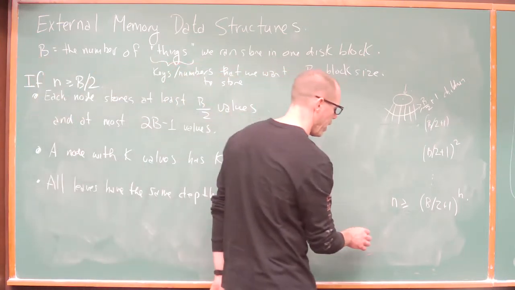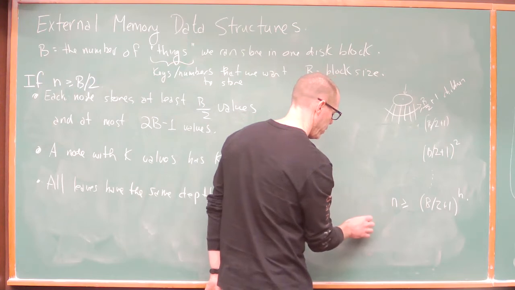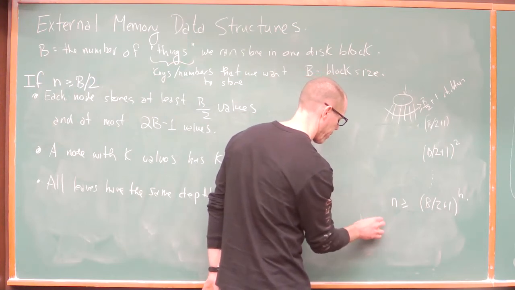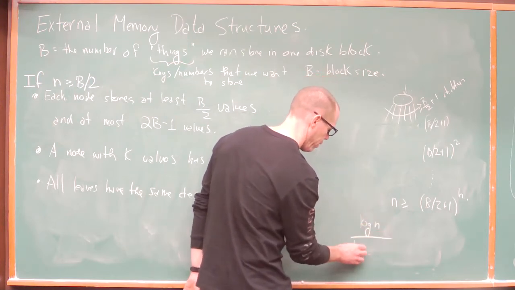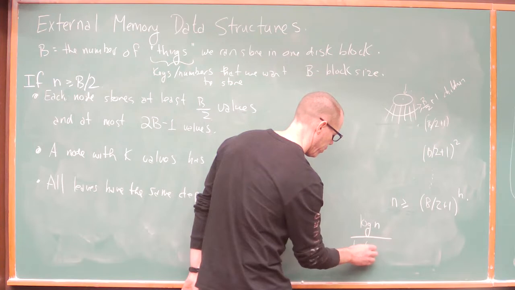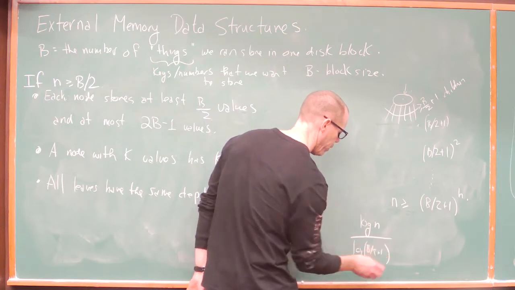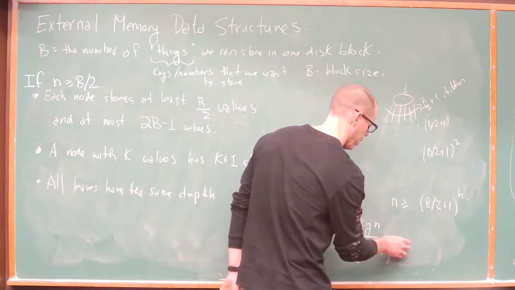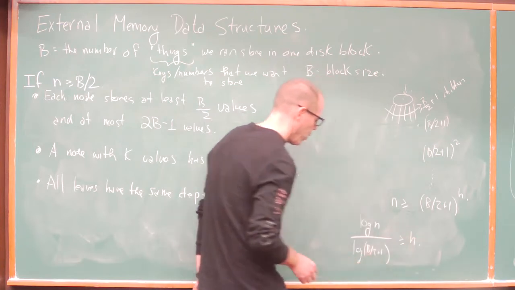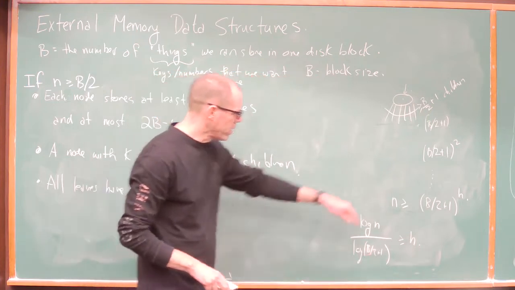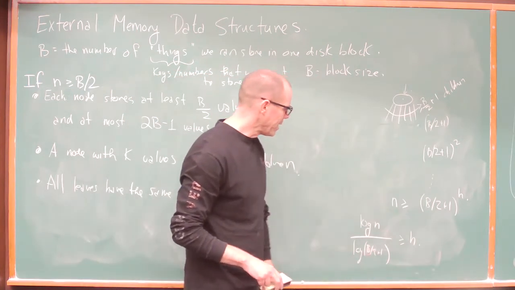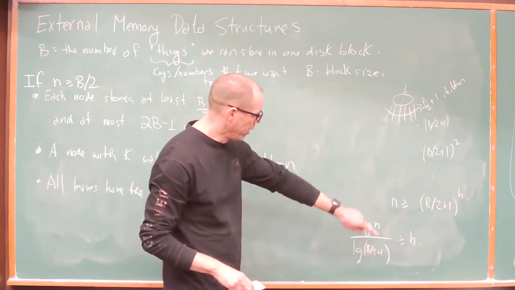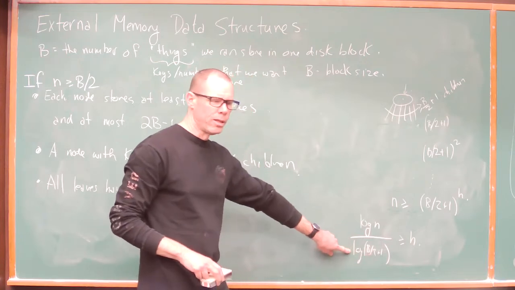And if you rewrite that or take logarithms, you'll get log n divided by log of b over 2 plus 1 is bigger than or equal to h. Or another way of looking at that is the height of the tree is less than or equal to log n divided by something that looks like log b.